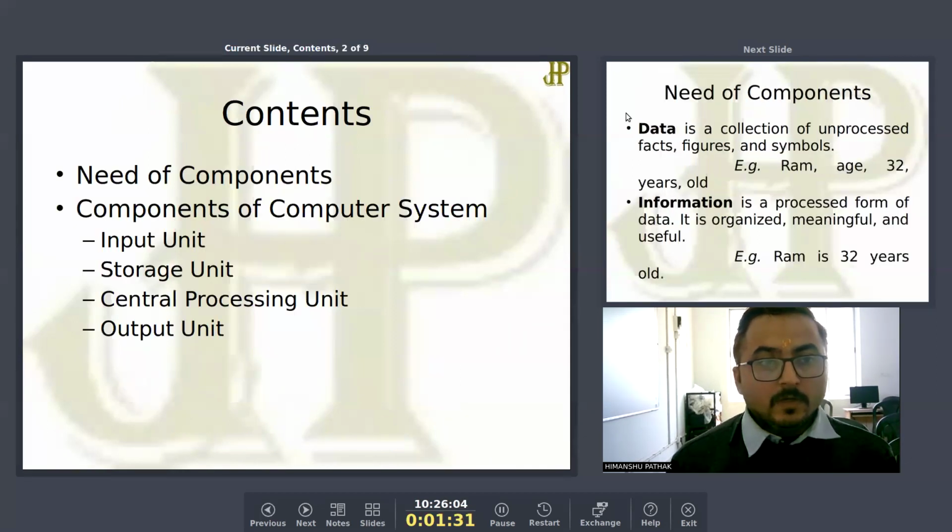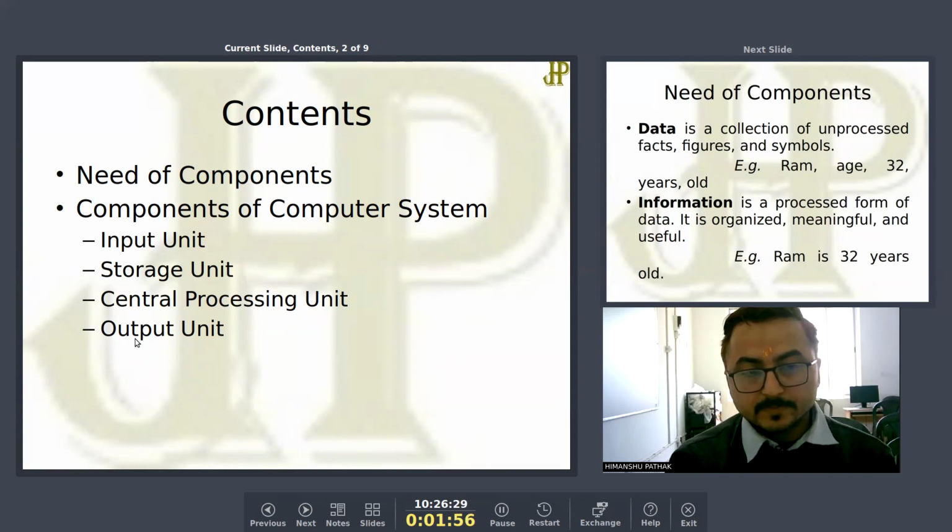First of all, we cover why we need these components of computer. At last, we will cover the basic components of a computer system that can be categorized into four. First one is input unit, second is storage unit, third CPU, fourth one is output unit. So let's start.